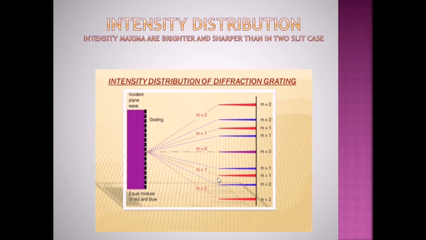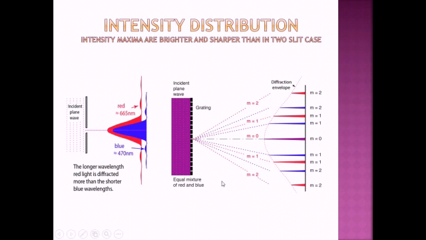Now, intensity distribution. Intensity maxima are brighter and sharper than in the two slit case, as we can see here. So, intensity distribution for two colors, an equal mixture of red and blue.